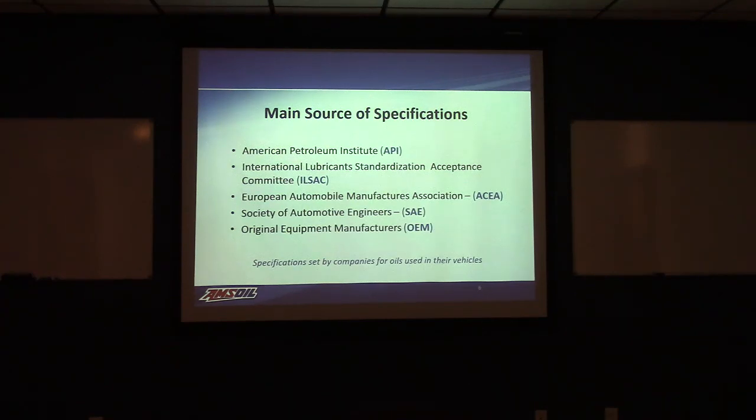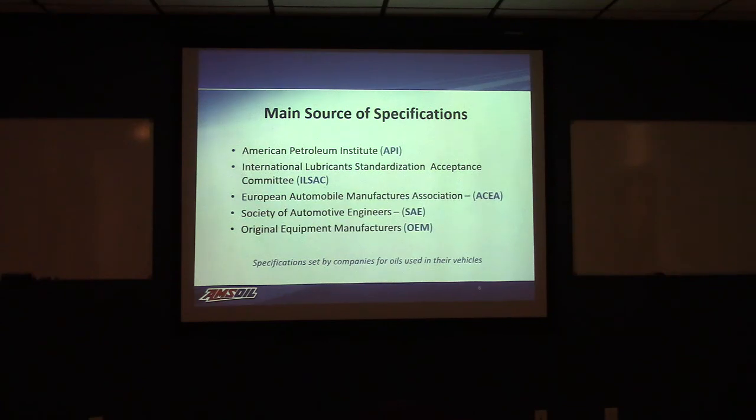When we take a look at the folks that put together a lot of these performance classifications and specifications, most notable, especially in North America, are the American Petroleum Institute, API, and the International Lubricant Standardization and Approval Committee, that's the ILSAC group. They deal more specifically with automotive or car type applications.